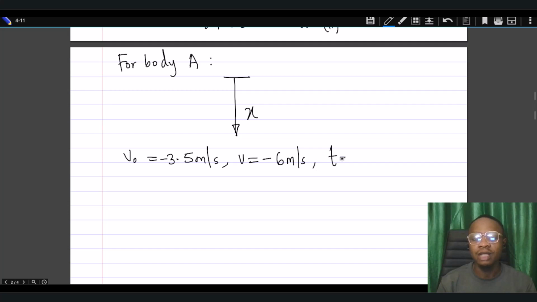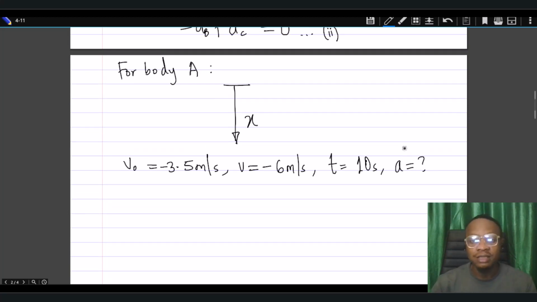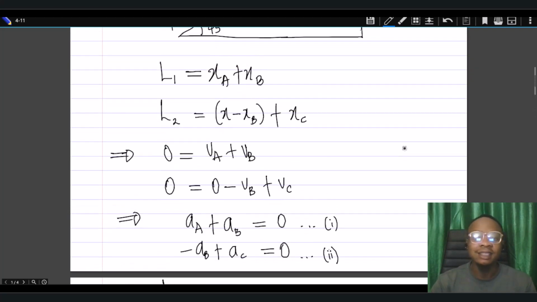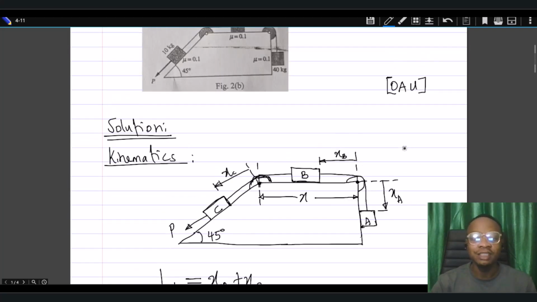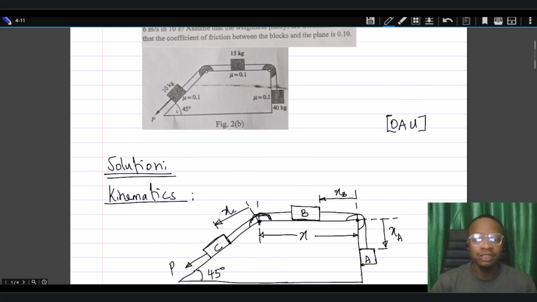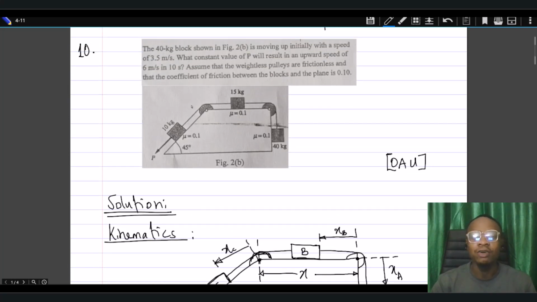And then we're told that the time during which this occurs is 10 seconds. So we want to get the acceleration. We're going to make use of the equations of uniformly accelerated motion here. And why is that correct? Because nothing in this problem statement says that anything changes. For instance, maybe the forces in the system, or this force, is going to change with time or any such thing.